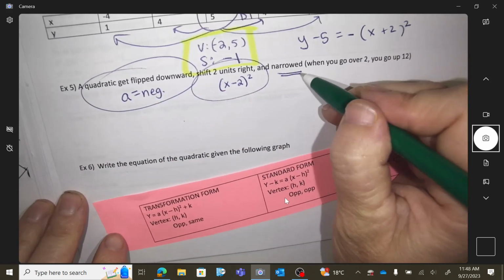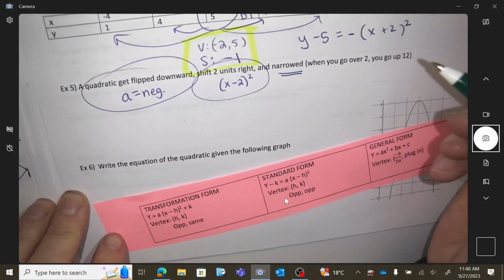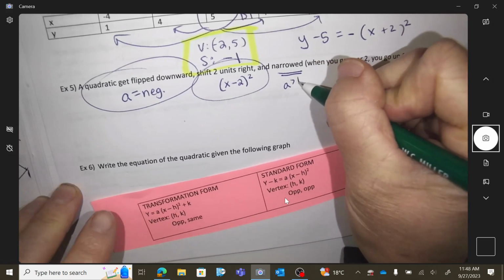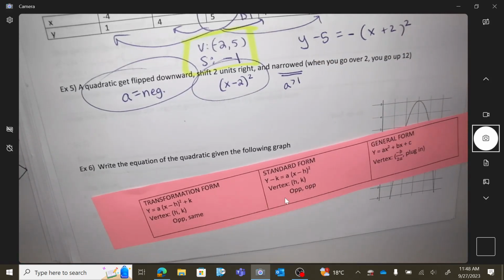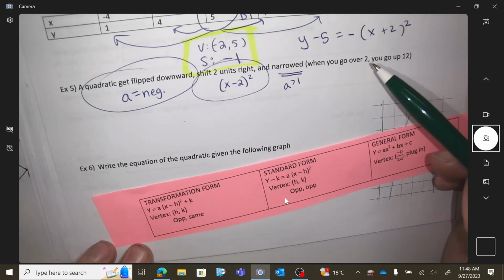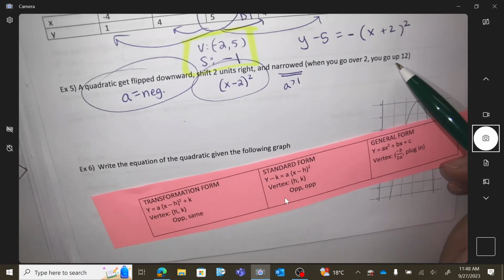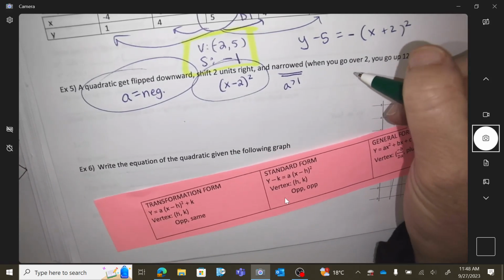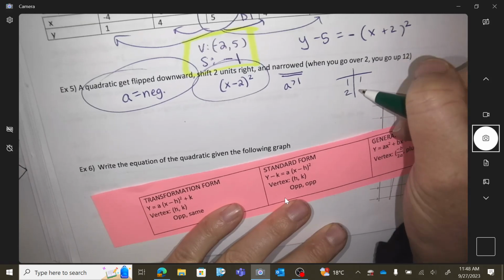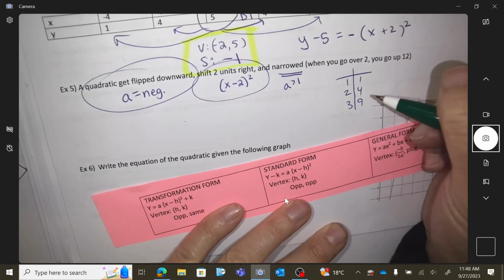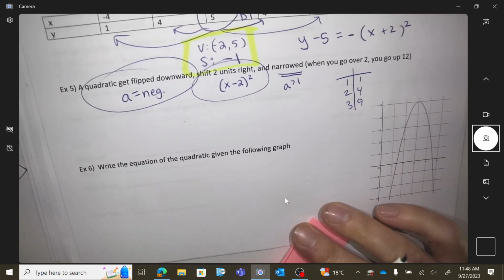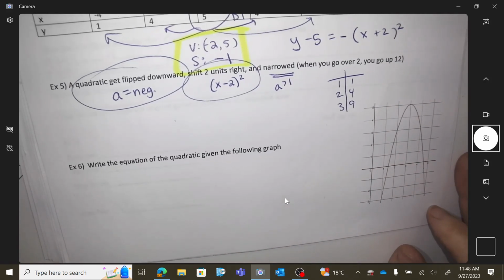And it got narrowed. So A is going to be something that's bigger than 1. And it told me heading over 2 made me go up 12. Okay, so here's my chart. 1, 1, 2, 4, 3, 9.